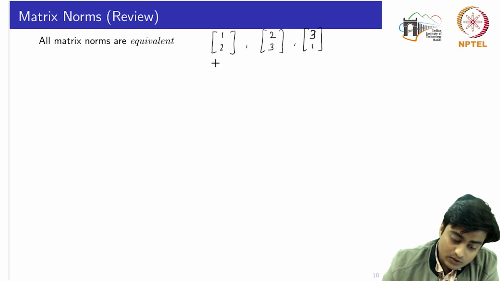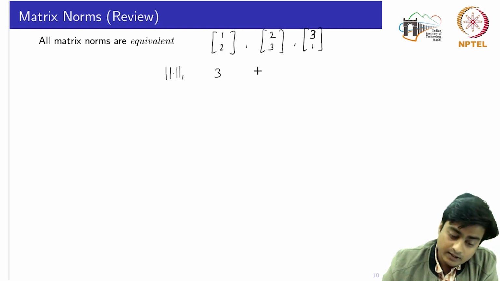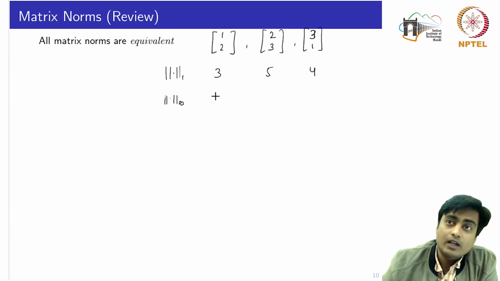Okay, now if I want to compare which vector is of the larger size than the other of the vectors. So if I compute the one norm, it would be given by the summation of all the elements, basically 3, and this one will yield 5 and this one will yield 4. So if I compute the infinity norm, it would be the maximum element: 2, 3 and 3. Okay.